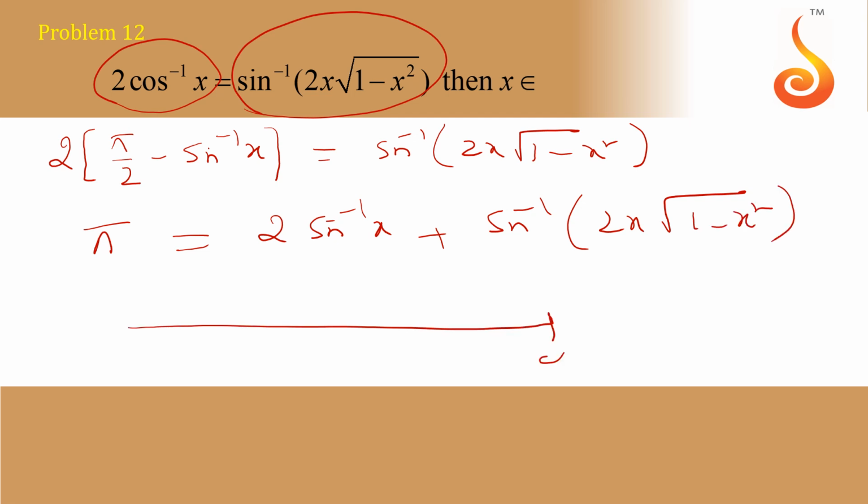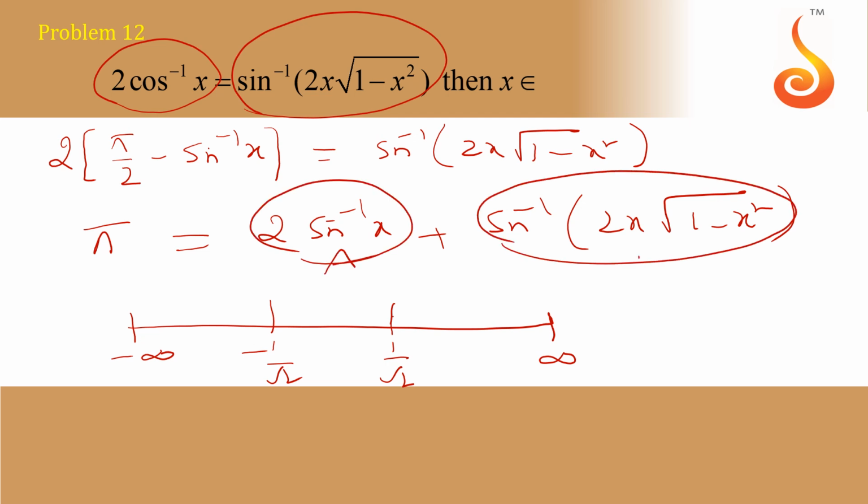So if you remember, while discussing the synopsis, between minus 1 by root 2 to 1 by root 2, if we take this as a and this as b, here a plus b equals minus pi, and here a plus b equals pi.